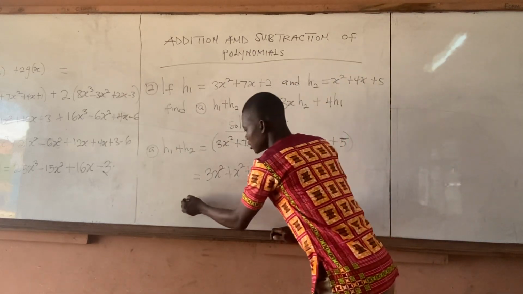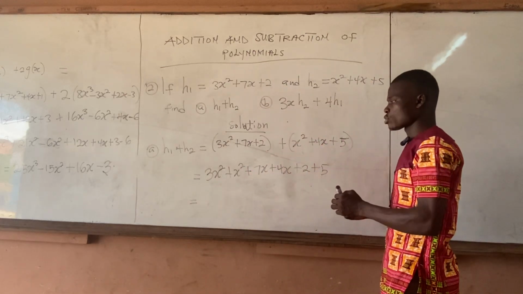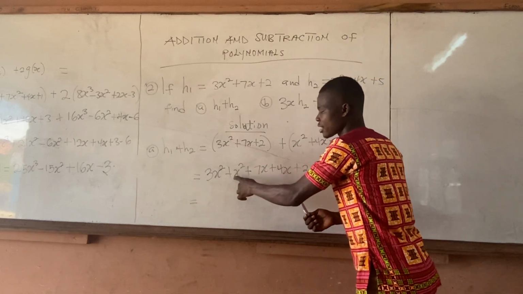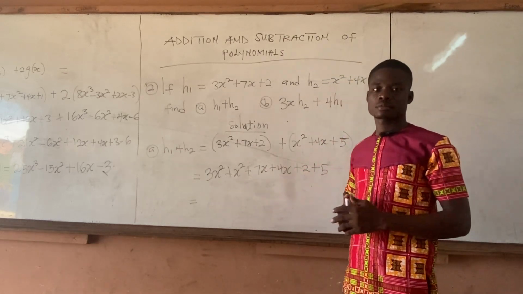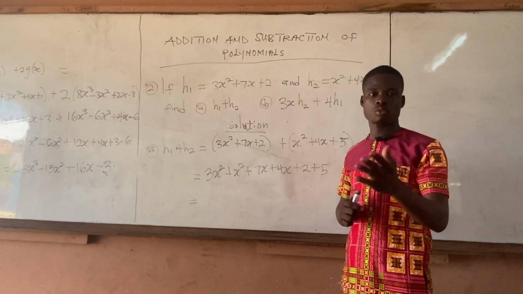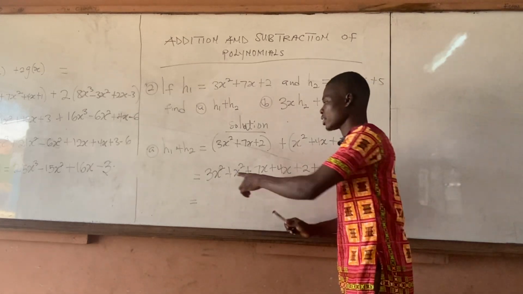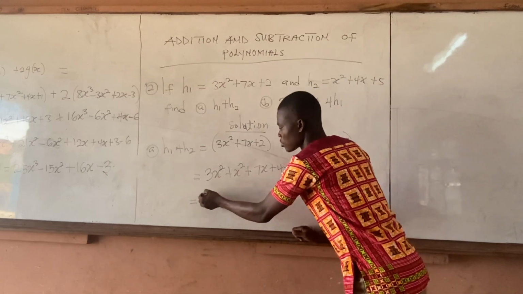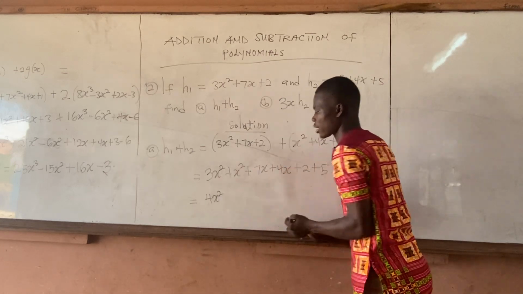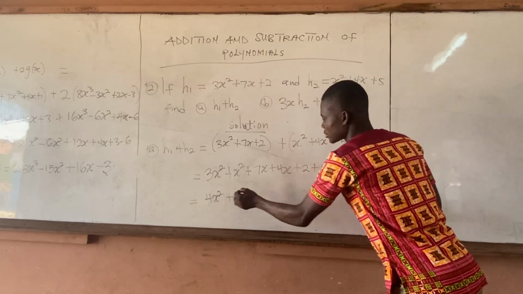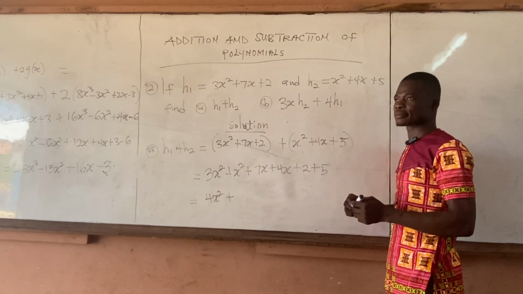Now finally, h1 plus h2 is equal to, the coefficient here is what? The coefficient here is 1. So 3 plus 1 is what? 4. So 3s squared plus s squared is 4s squared.